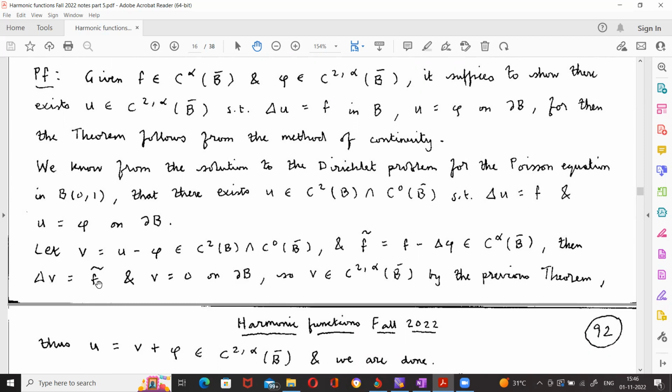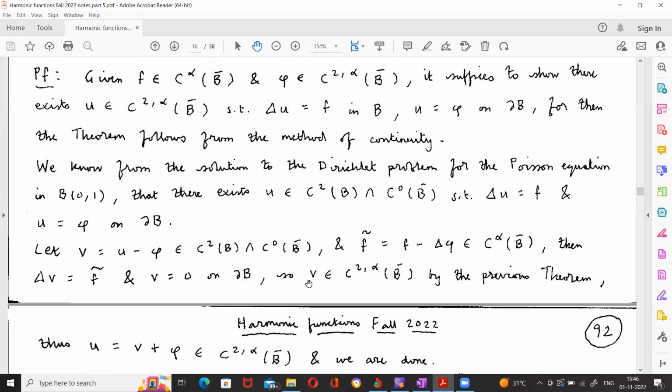So then what is the Laplacian of V? It's going to be equal to F tilde, because Laplacian of V is Laplacian U minus Laplacian phi. That's F minus Laplacian phi, which is F tilde. And V is 0 on the boundary B. So by the previous theorem, if the boundary value is 0 and the Laplacian is equal to F, which is C alpha, then the function is in C2 alpha.